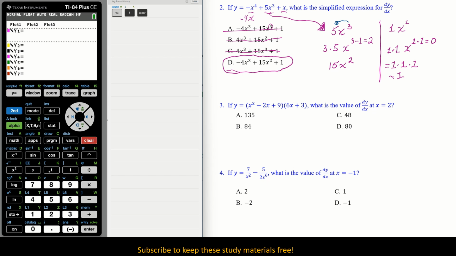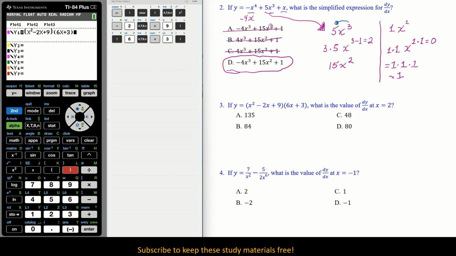Now, parentheses, we have x to the second minus 2x plus 9, close my parentheses, open more parentheses, and then we have 6x plus 3, close my parentheses.